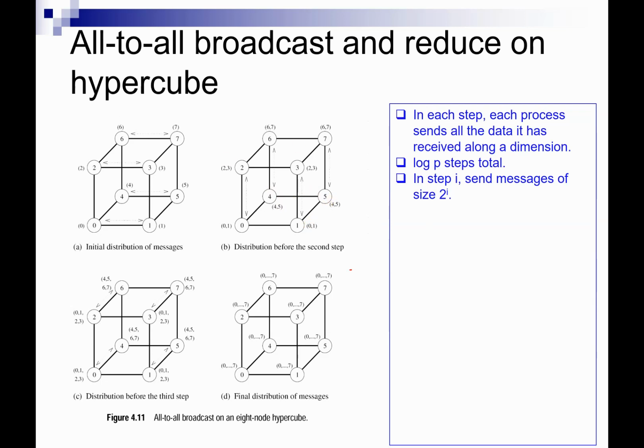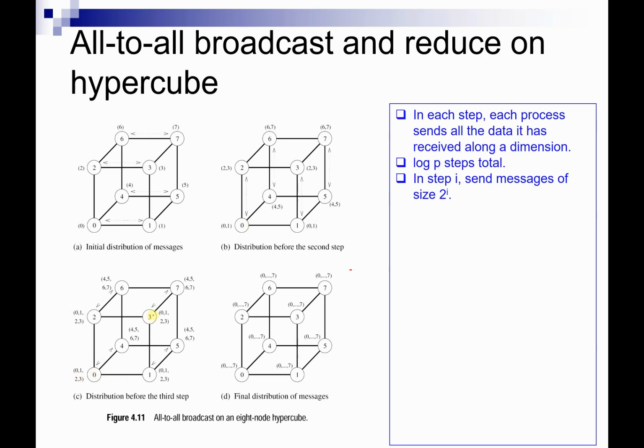And then next we want to do exchanges between the 0, 2 processes, 1, 3, 4, 6, and so on. So when 0 and 2 do the exchange, they're going to collect all of their values. 2 is going to get the 0, 1 values, and 0 is going to get the 2, 3 values from 2. Afterwards, both processes are going to have all 4 values.